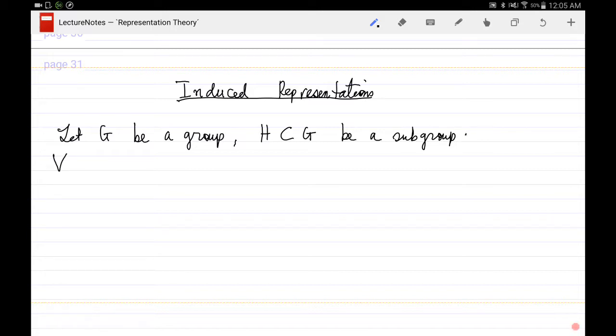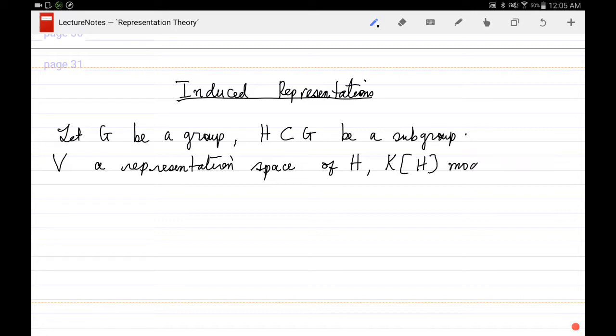And then V, a representation space of H. Remember, at least I'm being anal about the representation and the representation space, which we know can turn out to be a KH module.